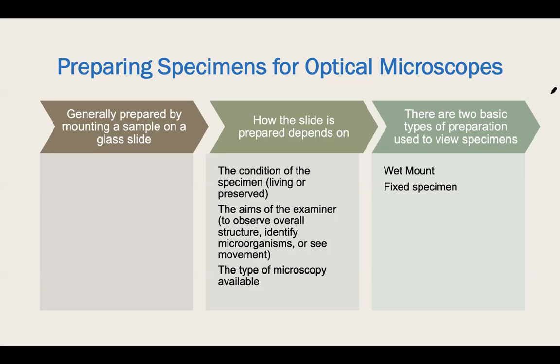Only then can we use that thin section under the electron microscope. So basically what I want to say is that for each microscope, we need to make the specimen ready so that we can use the principle of light and of that microscope properly.